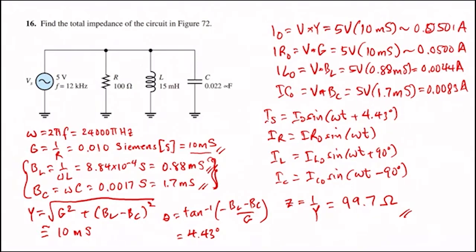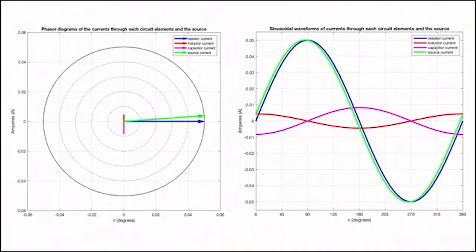We've already solved these quantities before: the conductance, the susceptances, and the admittance, and also got the currents, and also finally got the impedances. And from there we were able to graph the phasor diagram and the sinusoidal waveform.